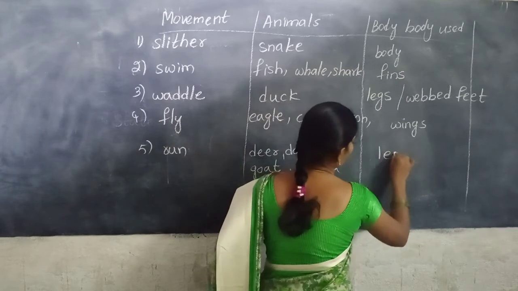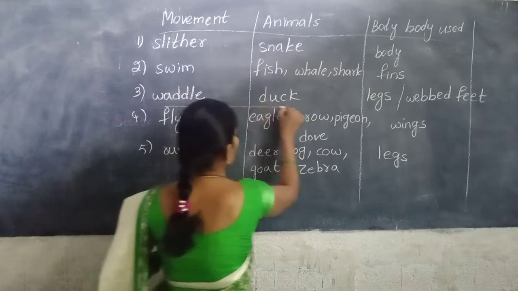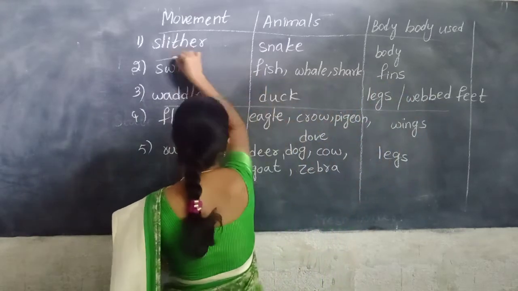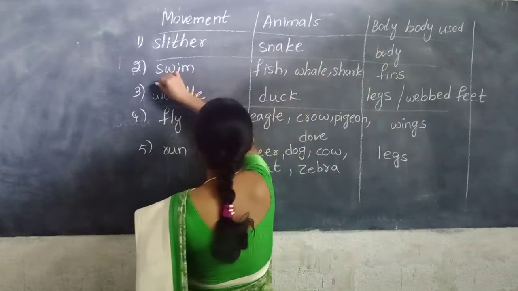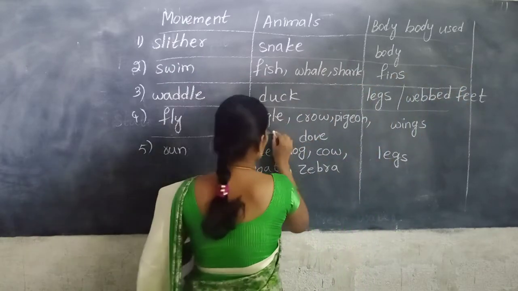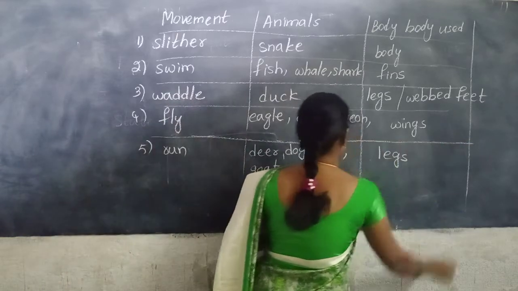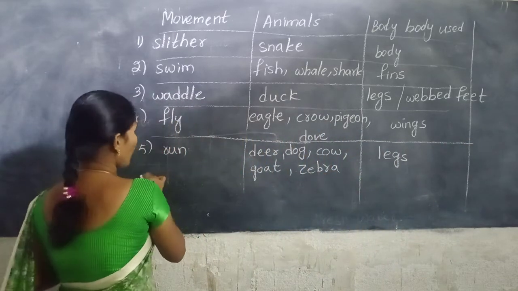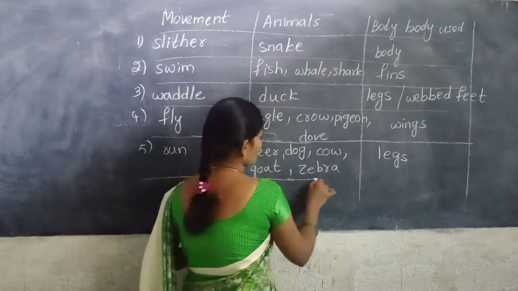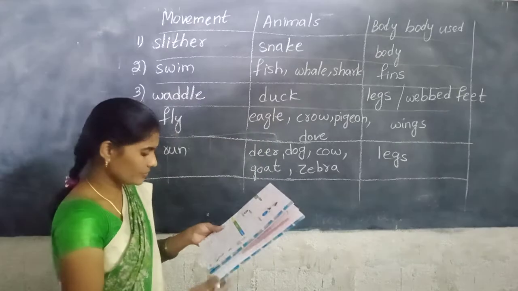They use their legs to run. Am I right properly? Deer, dog, cow, goat, sheep can run by using their legs.